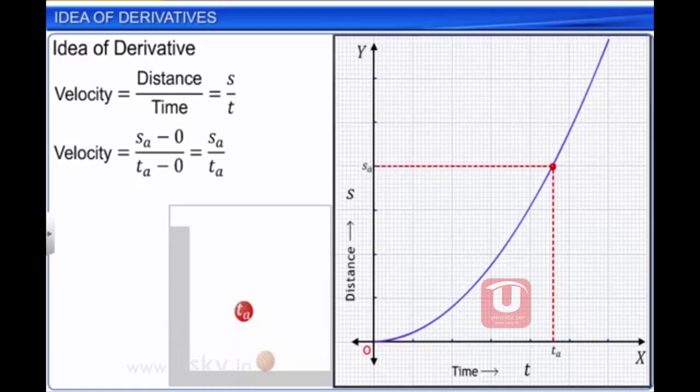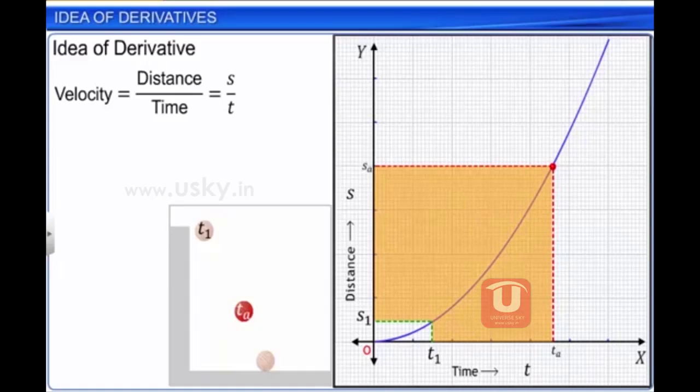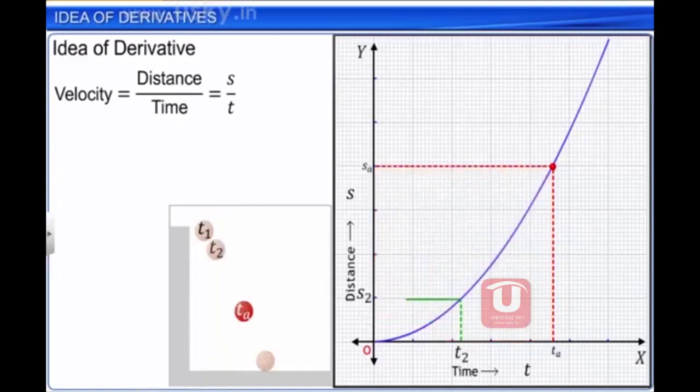If we move from the origin to an instant of time, say t1, we have the expression for velocity as shown. We continue this as shown. Now the velocity is as shown.